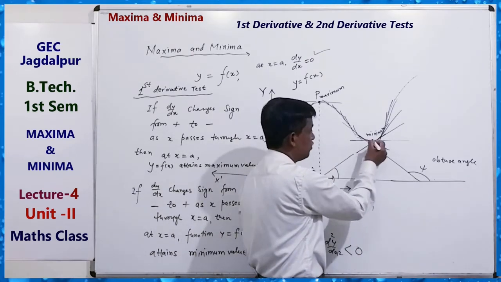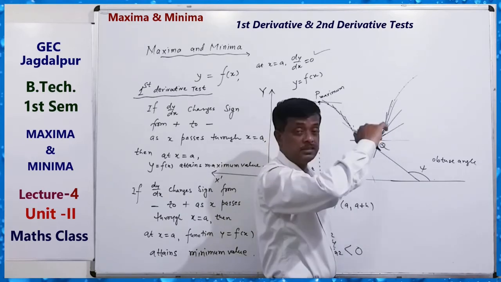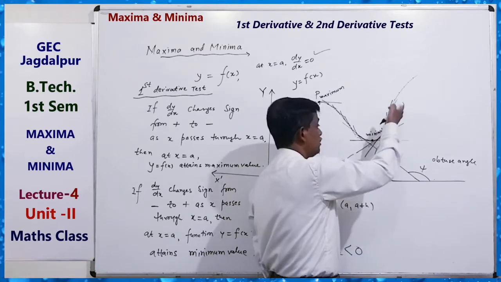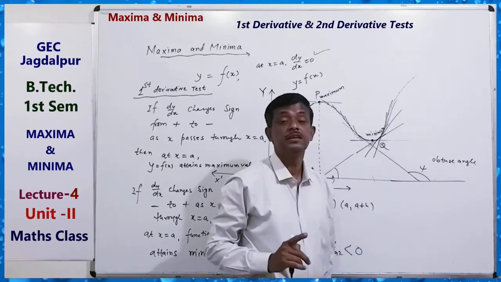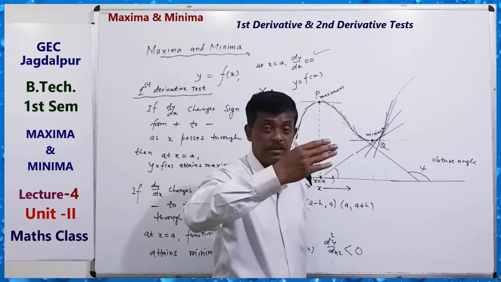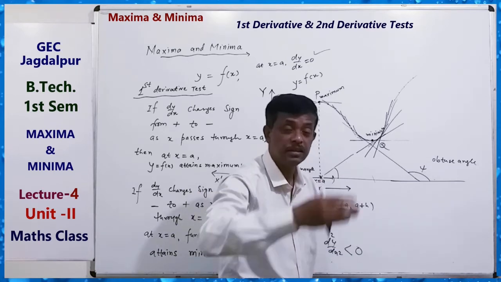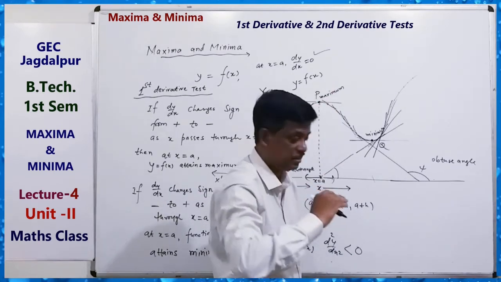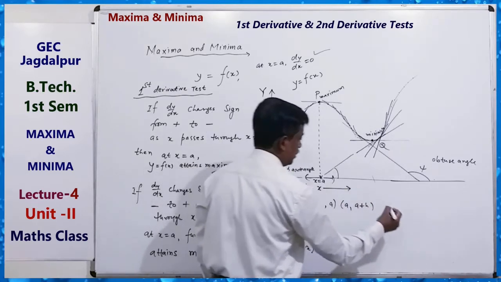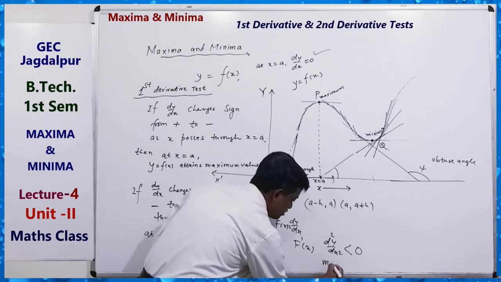Here this is the minimum point, where the derivative sign changes from negative to positive. That is, the derivative as a function is increasing, that is, the differentiation of the derivative is greater than 0. So this is less than 0 for maximum.